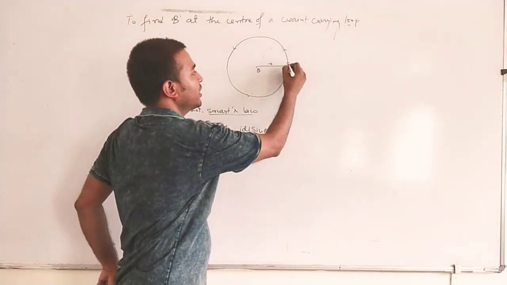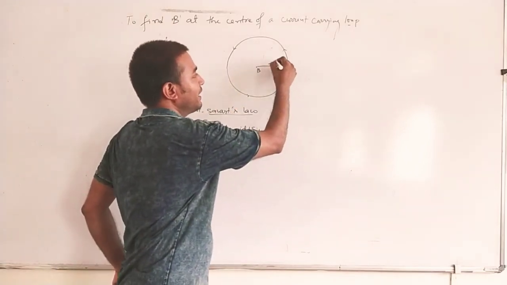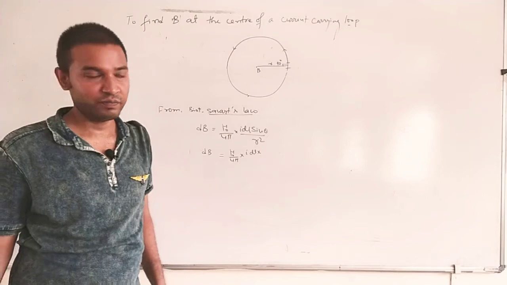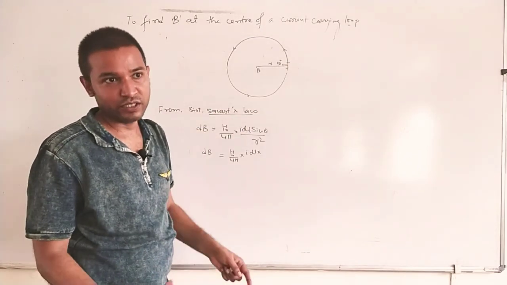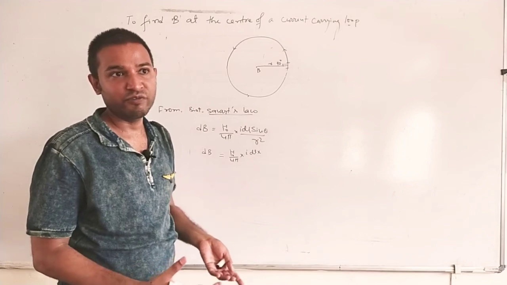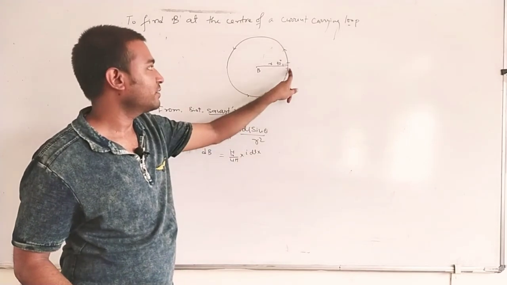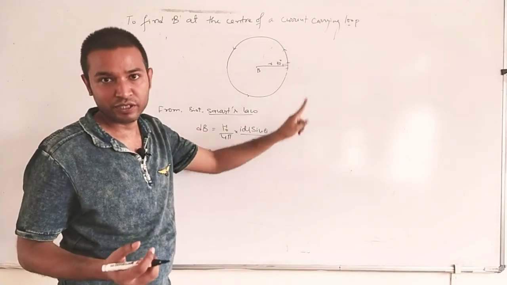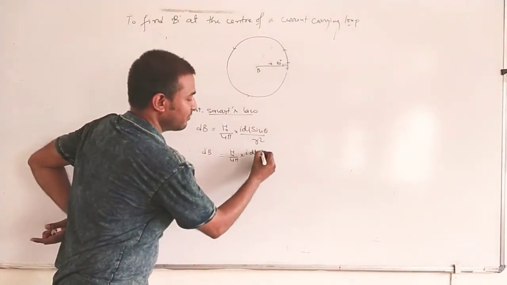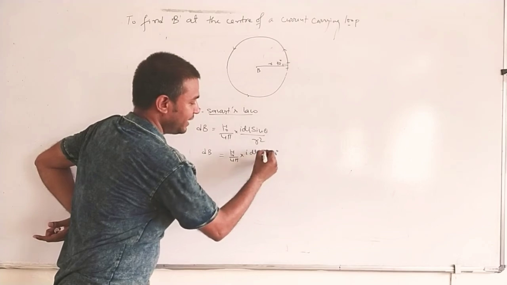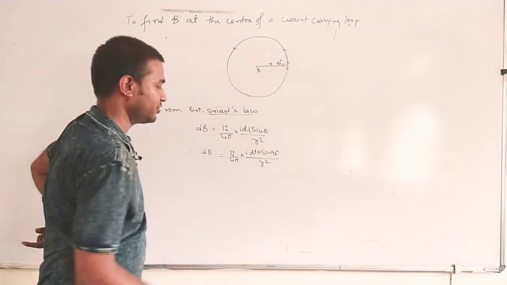This small element makes an angle of 90 degrees with r, because from geometry any small element is perpendicular to the radius. So sin theta is sin 90 degrees, divided by r square.